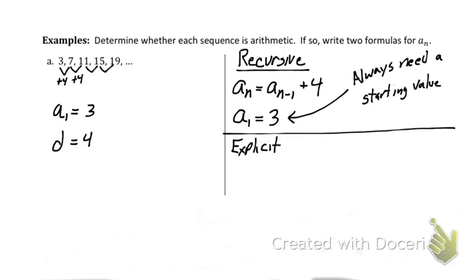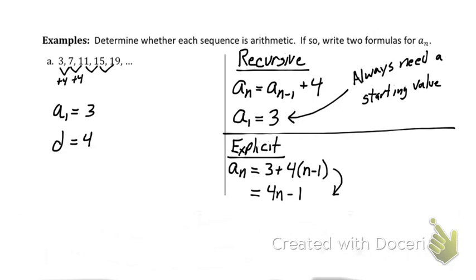Explicit. Our explicit is going to be a sub n equals our starting term, which is 3, plus our common difference times n minus 1. Or you can rewrite that: I would distribute this 4, so I'd have 4n minus 4. 3 minus 4 is negative 1, so we could rewrite this as 4n minus 1.